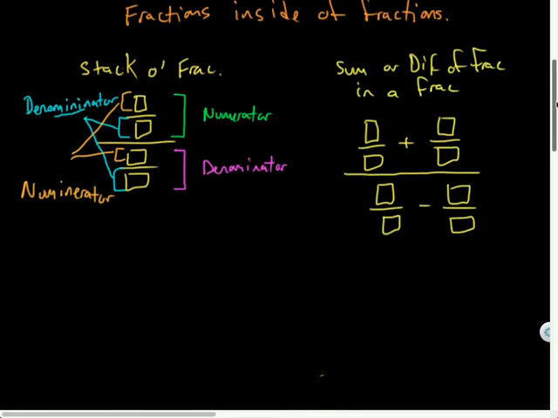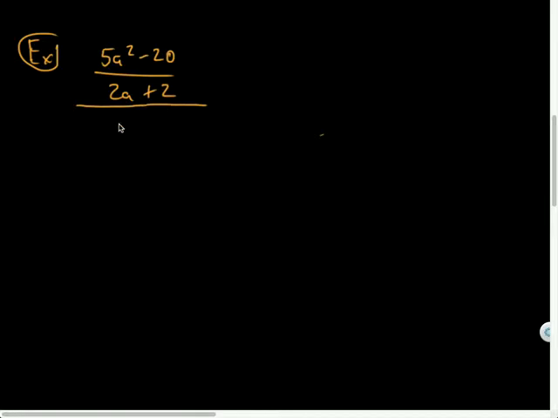So let's do a problem with the Stacko Frac complex fraction. And this is going to be good. All right, example. Suppose I've got the following: 5a squared minus 20 divided by 2a plus 2, all divided by, big jumbo vinculum, 10a minus 20 all over 4a.